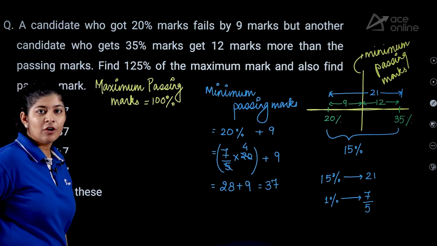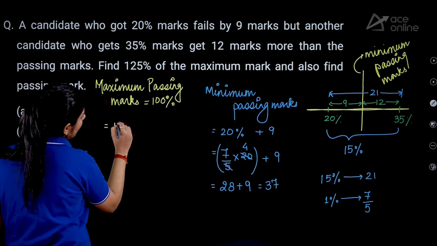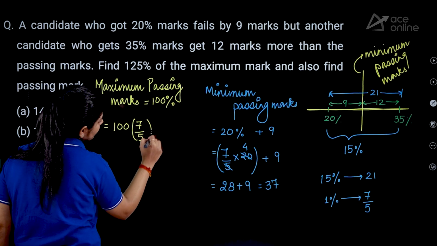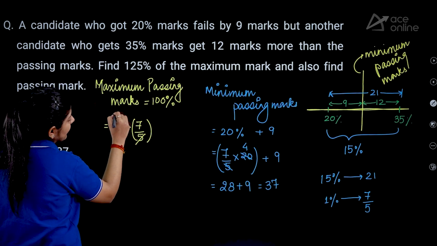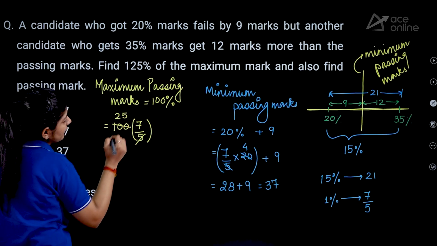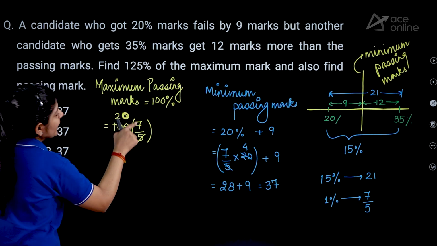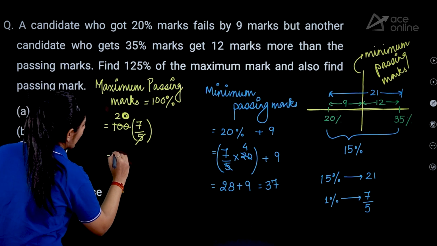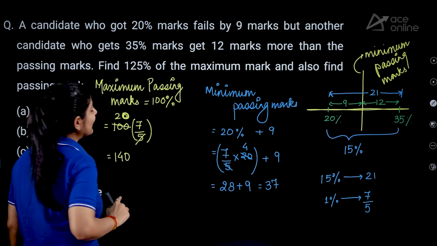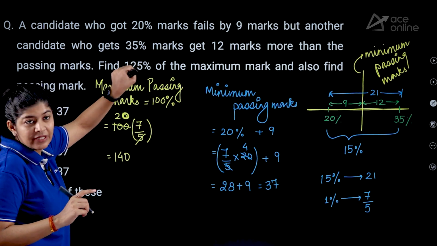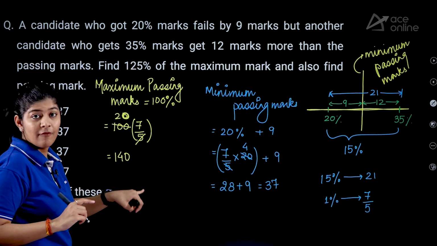We know the value of 1%, so 100 into 7 by 5. Here this is 20, sorry. 20 into 7 is nothing but 140. 140 is the maximum marks, but we have to calculate 125% of this 140.